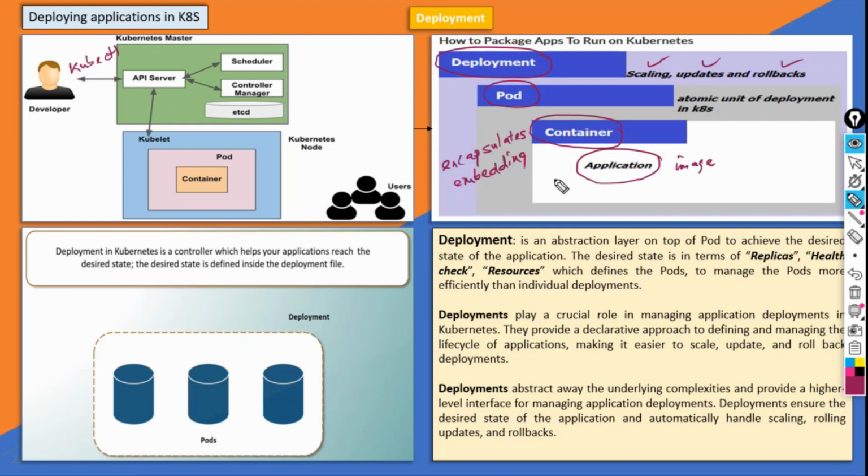These are object-oriented programming concepts. The container encapsulates the image, which is the core component you are interested in. You do not know deployment, you do not know pod, container, anything. You are from outside, you only want to access this particular application, maybe a Java application.